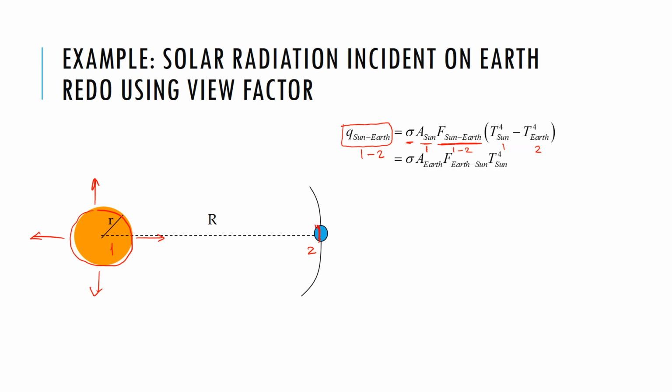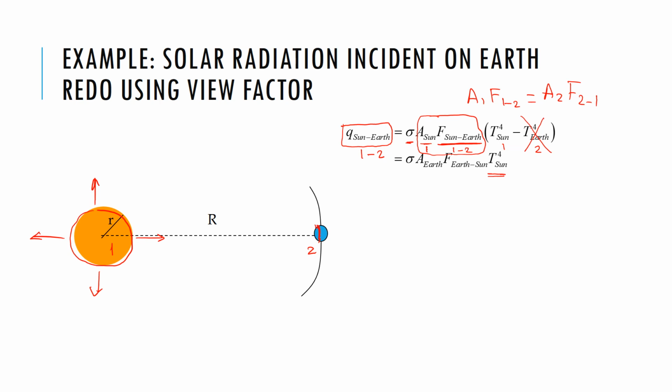Now compared to sun temperature, earth temperature is very little, so we can drop this term and we can write sigma T sun raised to the 4. And then, like we said a number of times, A1 F12 is equal to A2 F21.